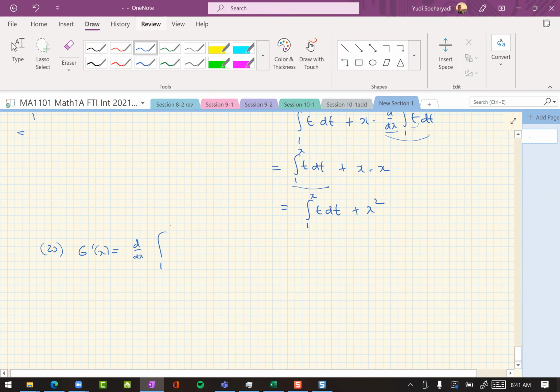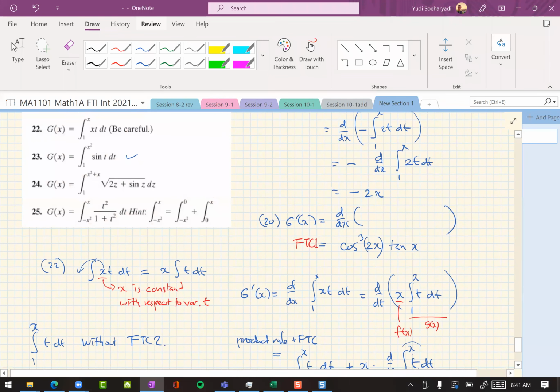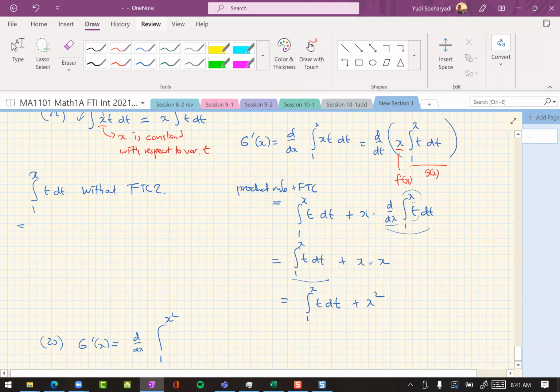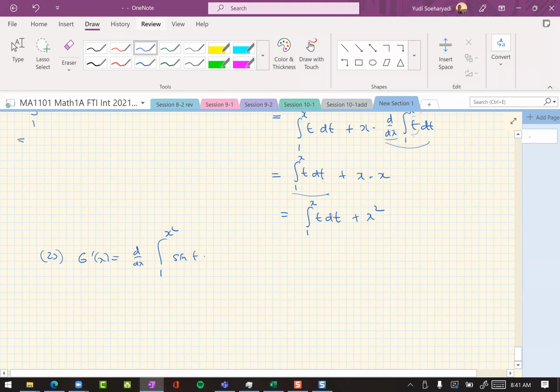X, 1 to x squared. So is it 1 to x squared? Yes. Sine t dt. The problem with this one is that, while this one is continuous, no problem.